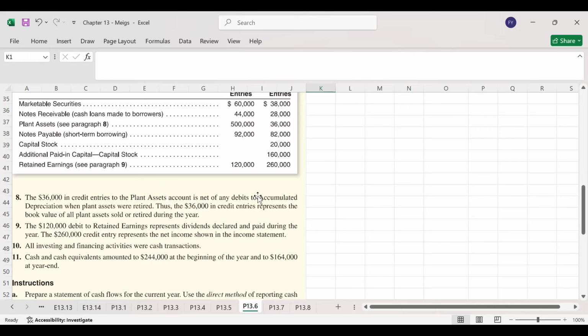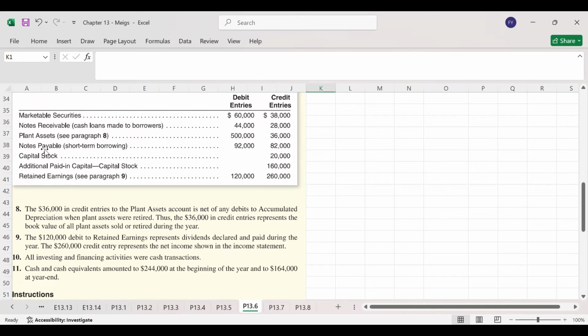That's why this $36,000 represents the book value of all plant assets sold or retired during the year. We know that book value arrives after deducting accumulated depreciation from the cost of the assets.